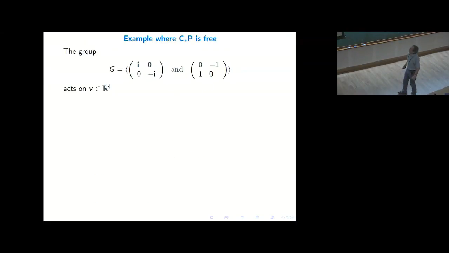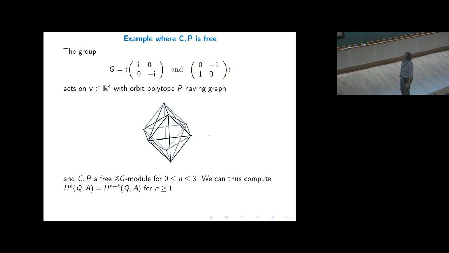So let's take a group of order 8, the quaternions, represented as a group of 4x4 real matrices, or 2x2 complex matrices. So that group acts on R4. If you take a starting point and use polymake to calculate the orbit, you get a 4-dimensional polytope, which is a bit hard to represent. I've just shown the one skeleton there.